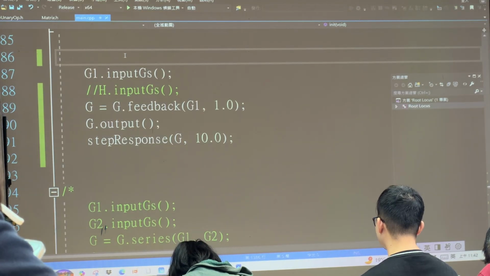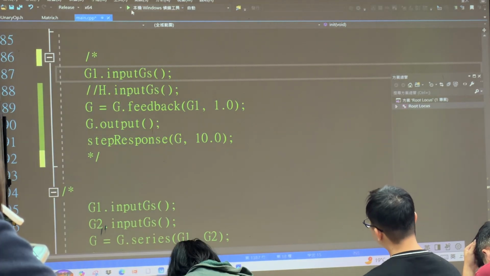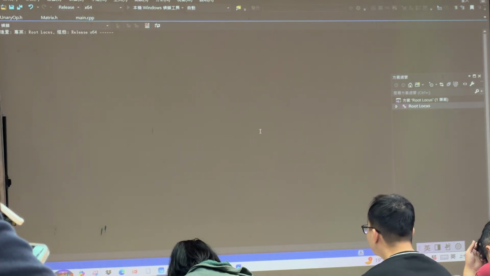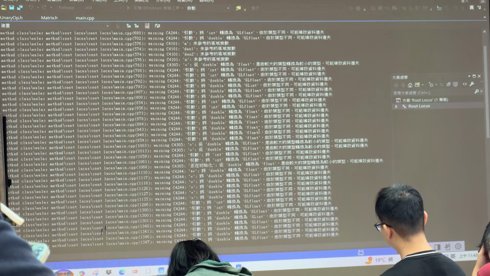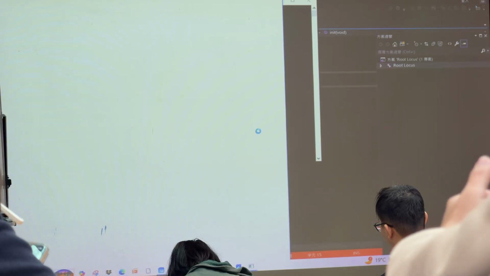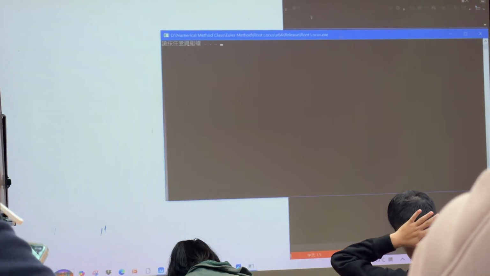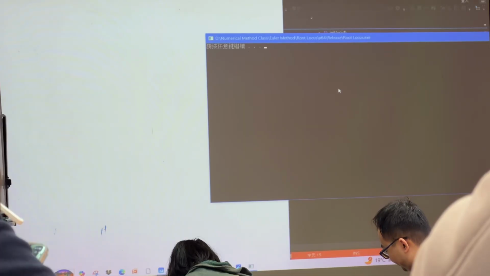Right now, I don't need this anymore, so I can block it here. Okay, so I'm going to run this program with a machine tool model with x-axis and y-axis. Also a complicated model, but we can simplify it to be just like the one on the board.